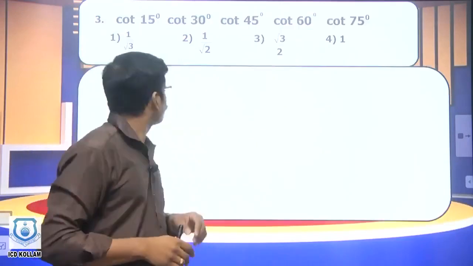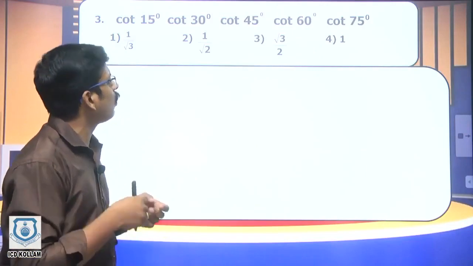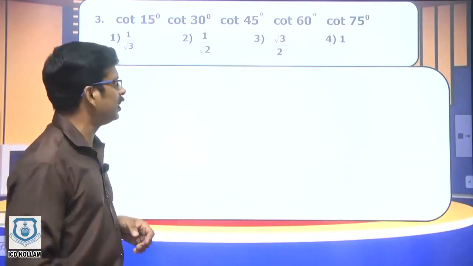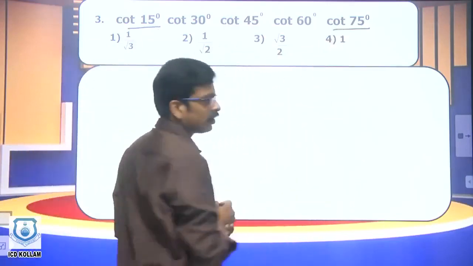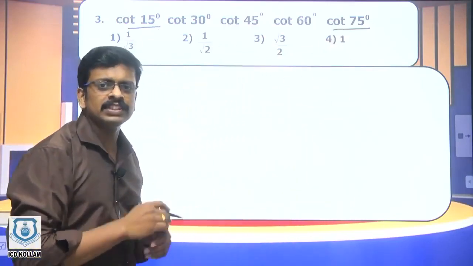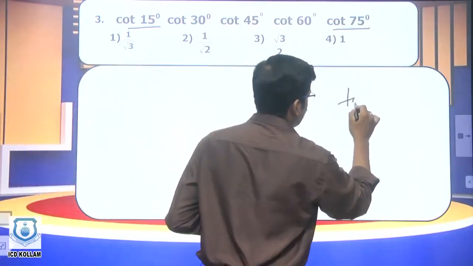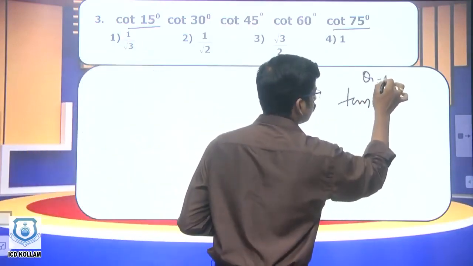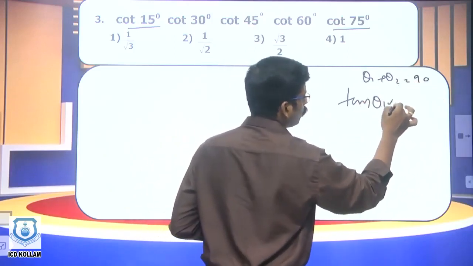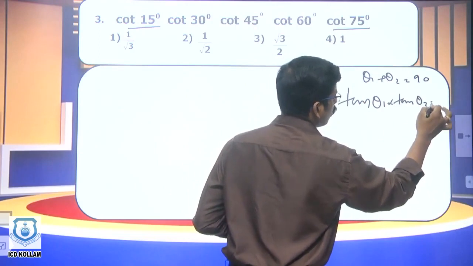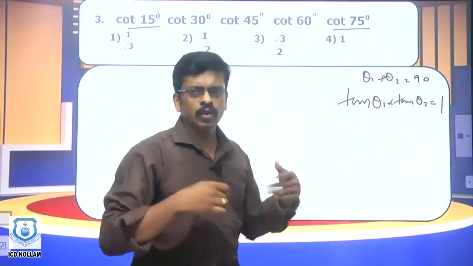Question number 3: cot 15 degree, cot 30 degree, cot 45 degree, cot 60 degree, and cot 75 degree. Here cot 15 and cot 75, the sum of these angles is equal to 90. What is the property of 90? If theta 1 plus theta 2 equals 90 degree, then tan theta 1 into tan theta 2 equals 1.